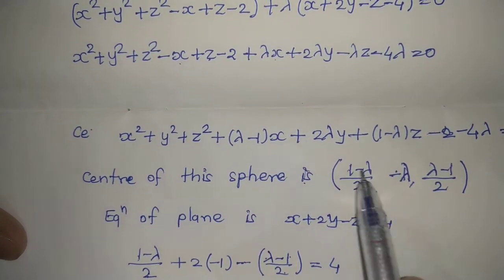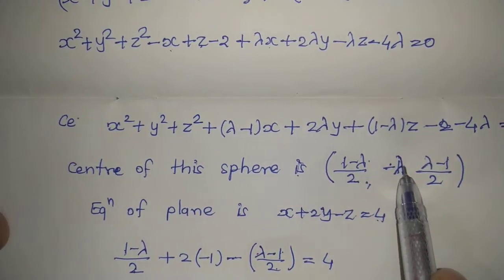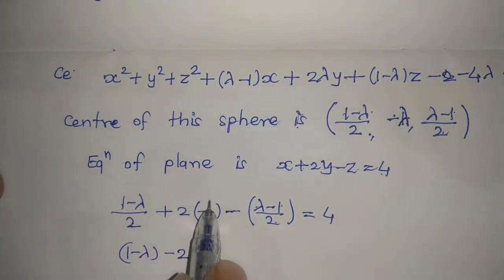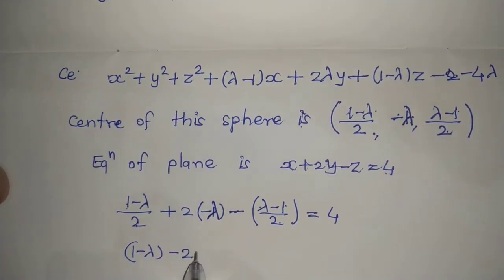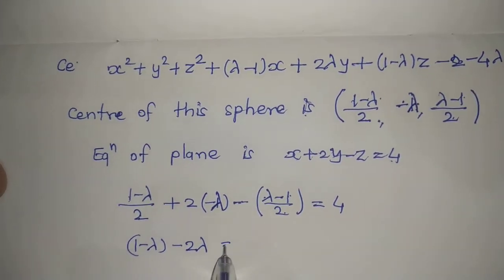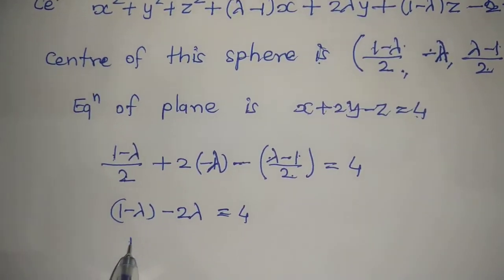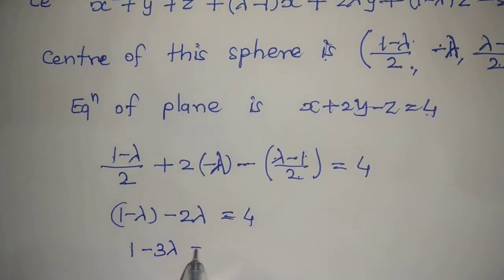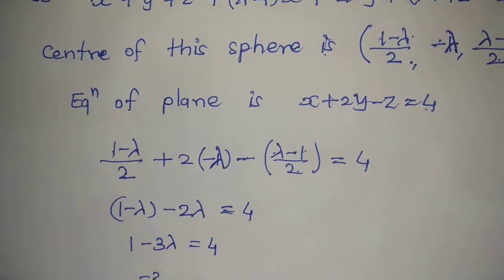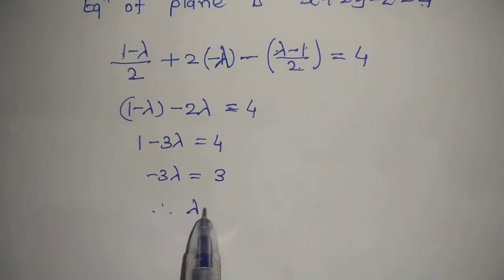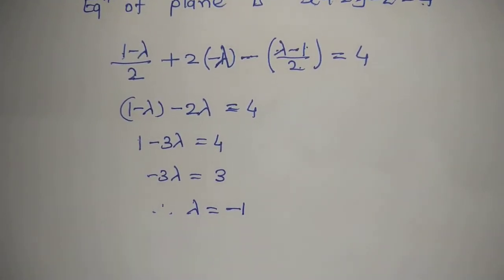The center of this sphere is 1 minus lambda by 2, minus 1, and lambda minus 1 by 2. So here I will write minus lambda. So minus 2 lambda is equal to 4. Therefore 1 minus 3 lambda is equal to 4. So minus 3 lambda is equal to 3. It means lambda is equal to minus 1.